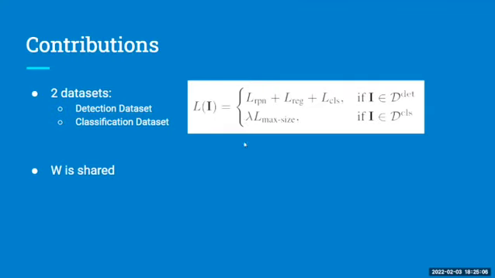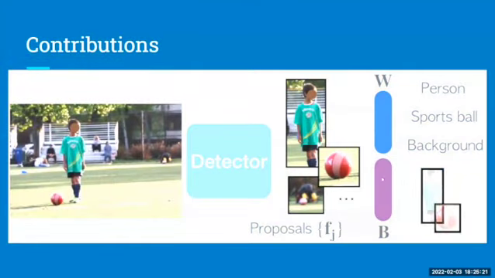Sorry to interrupt. What is the regression loss? I am not a computer vision person, so this is new to me. Regression loss is the loss that comes with the refined bounding box.